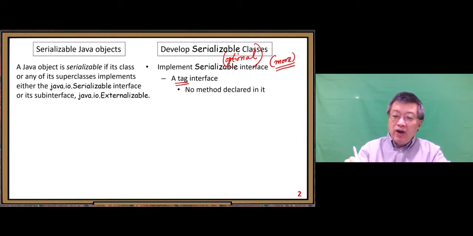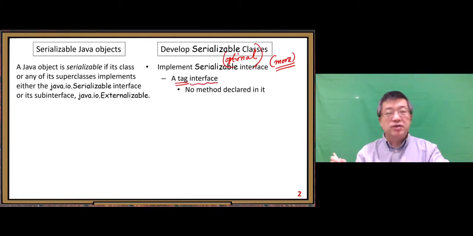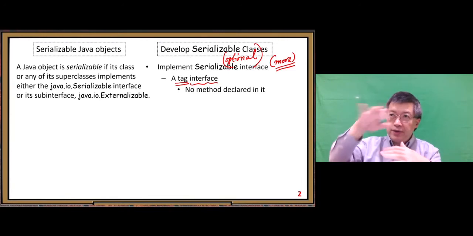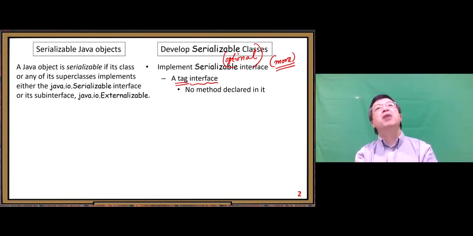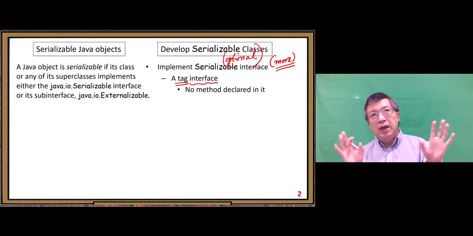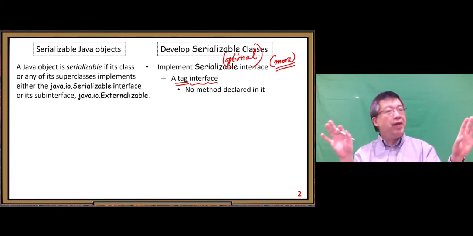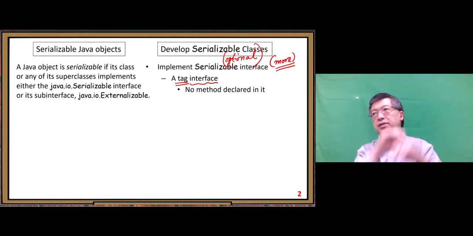We know a user interface should contain a set of methods to be implemented. That's the original meaning of the interface. But a tag interface is very special. There is no method declared inside it.